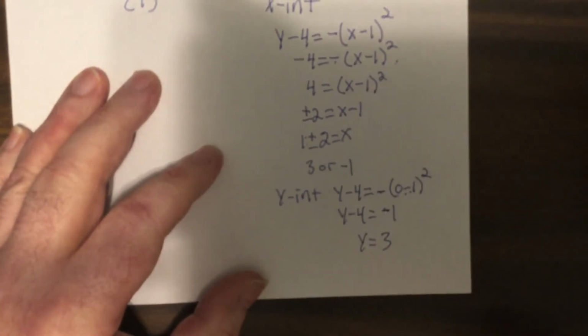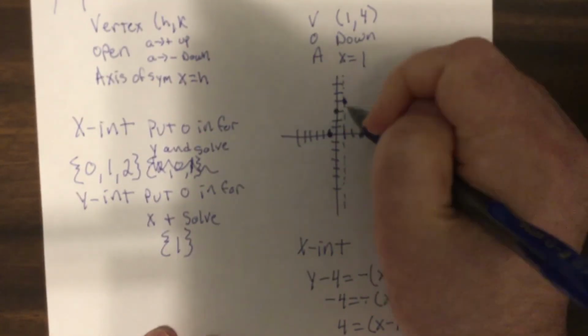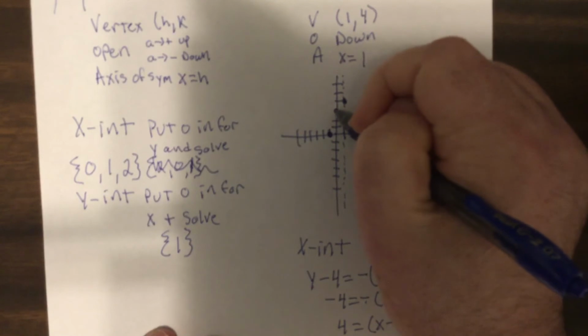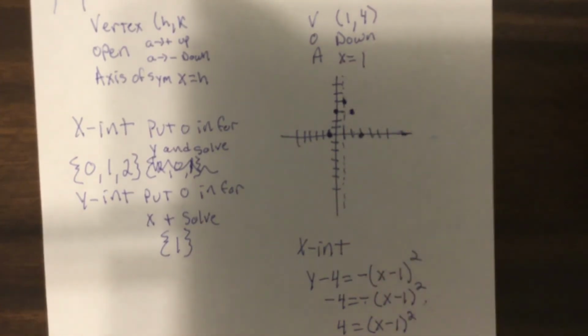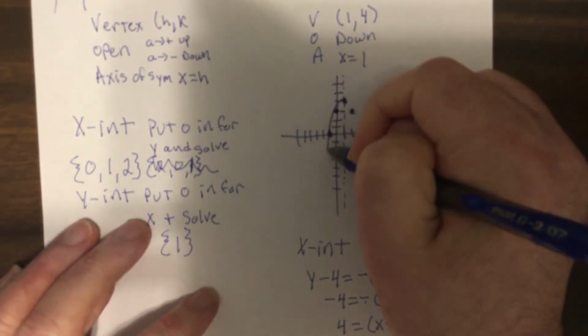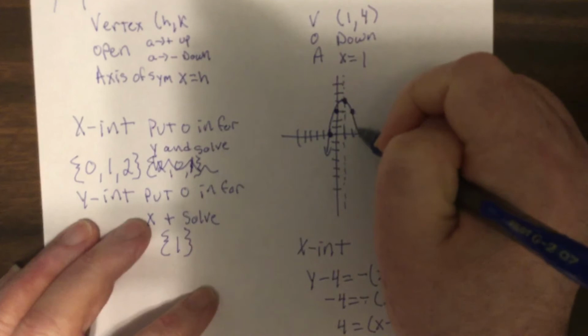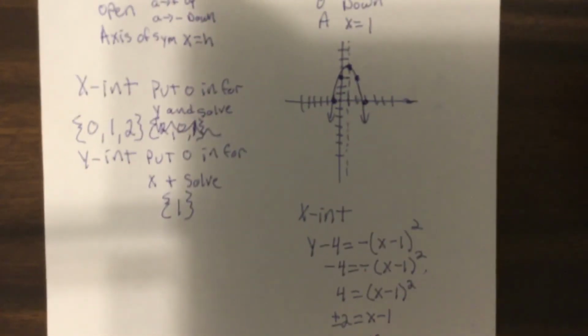That is 3. So I'm going to put a dot at 3. But if there's 1 unit to the left, there has to be 1 unit to the right. That's how the axis of symmetry helps us. Don't need it with the V-shaped graph. I missed it a little bit on that side, but that's not too bad.